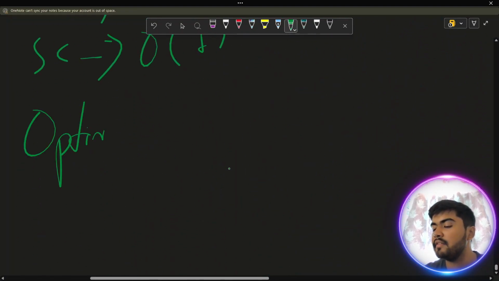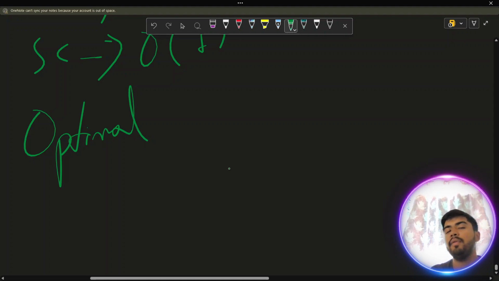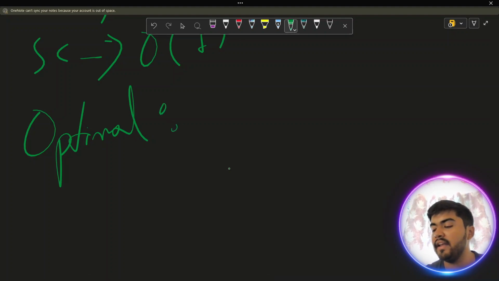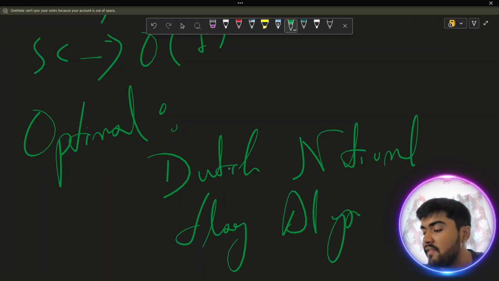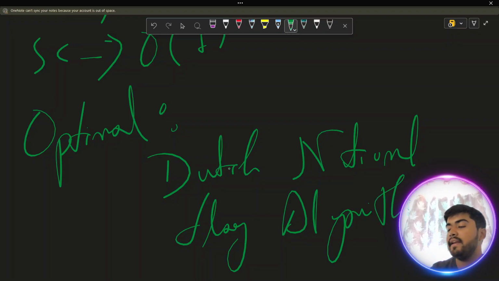These most optimal solutions make this problem of a different difficulty level, because obviously then it is not a medium problem at all. The most optimal solution lies in the Dutch National Flag algorithm. If you know it, then you can solve this problem in an interview.